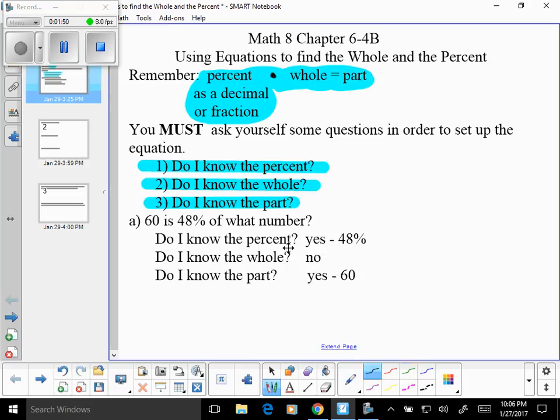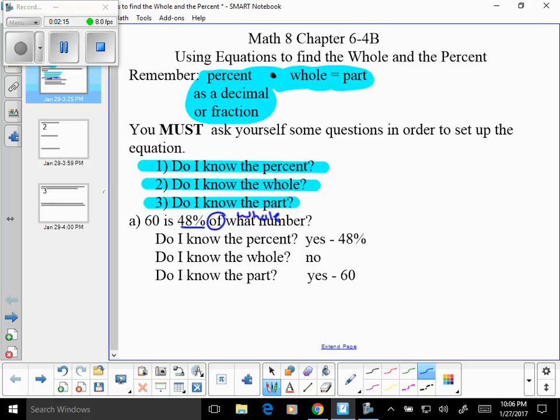Now if I look at my first problem here, 60 is 48% of what number? Here's my percent. There's that word of, which tells me not only to multiply, but the next thing is supposed to be the whole. So yes, I know the percent, 48%. Do I know the whole? No, I do not.